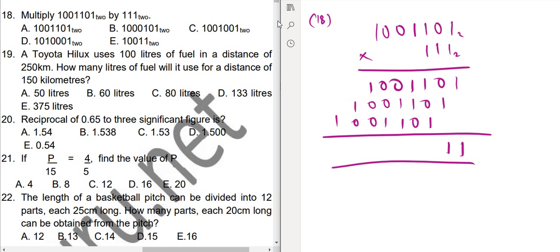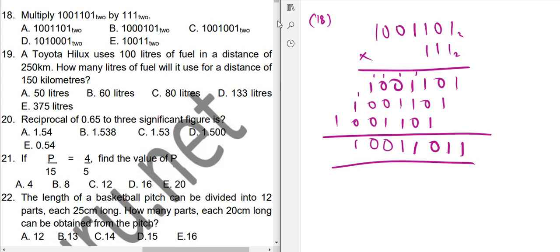0 plus 0 is 0. 1 plus 1 is 2, 1 remains as 0, so we say 0 carry 1. 1 plus 1 plus 1 is 3, which is 1 carry 1, right? Another 3, which is 1 carry 1. 2, which is 0 carry 1. Another 2, 0 carry 1.